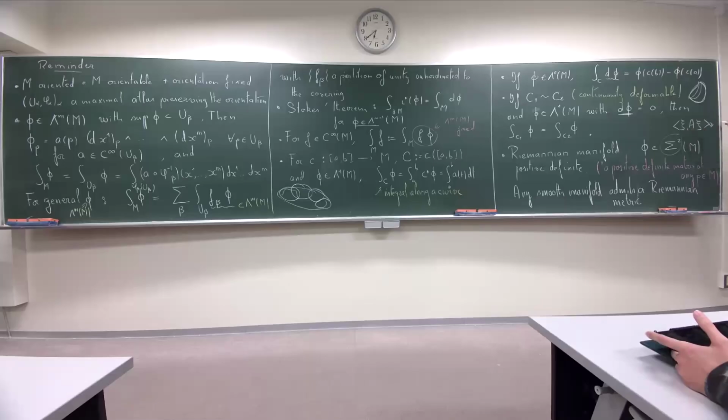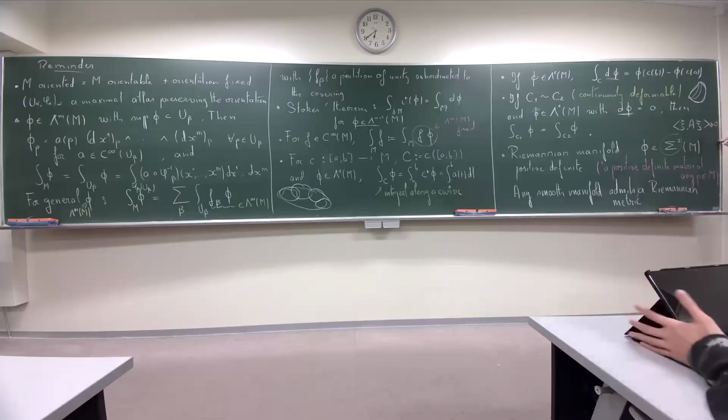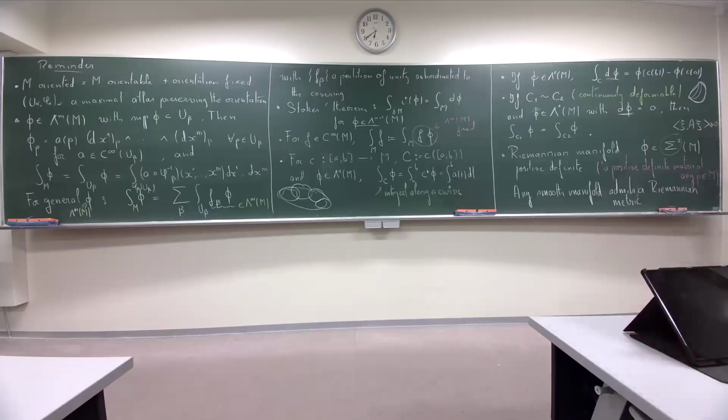This has to be bigger or equal to 0. And it's positive definite if, in addition, it's 0 if and only if the vector is 0. So a Riemannian manifold, you can think about it as a manifold with a matrix like this, which would depend on each p. It's a positive matrix at every p.